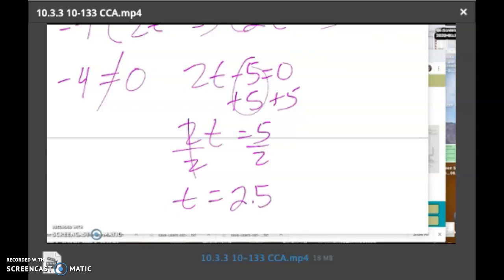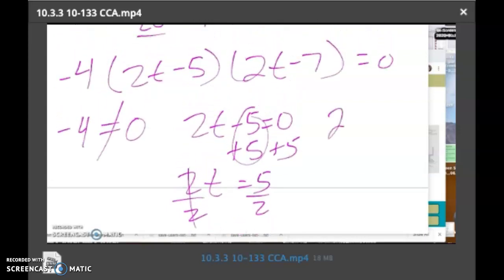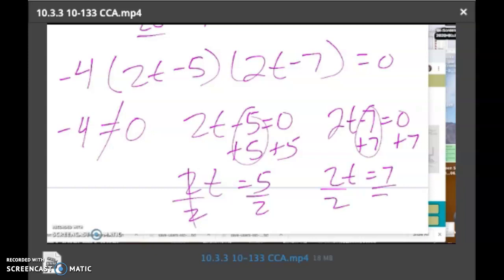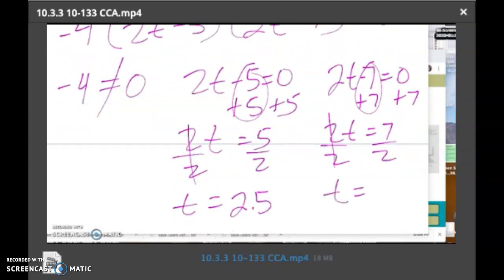It's decimals, I'm talking about time, so 2.5 seconds is what that means there. And then I have 2t minus 7 equal to 0. I'm going to solve for t. So I get that t equals 7 divided by 2, or if I write that as a decimal, 3.5.